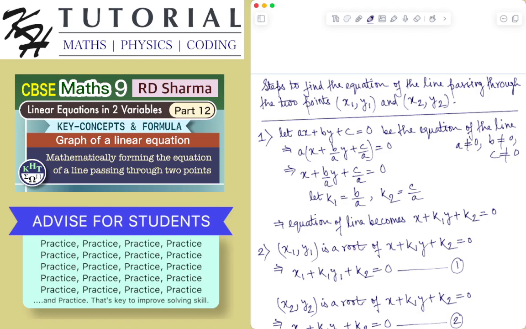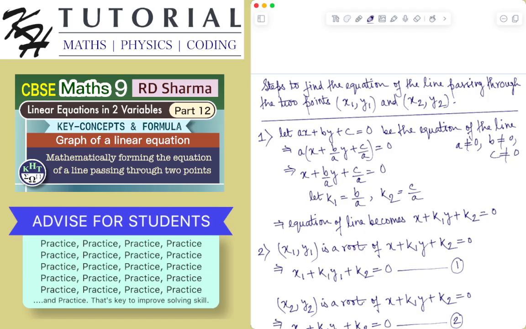So that means I must have x plus b by a y plus c by a equals to 0. Okay. Now since a, b, c are constants, I will consider the value b by a as k1 and the value c by a as k2.